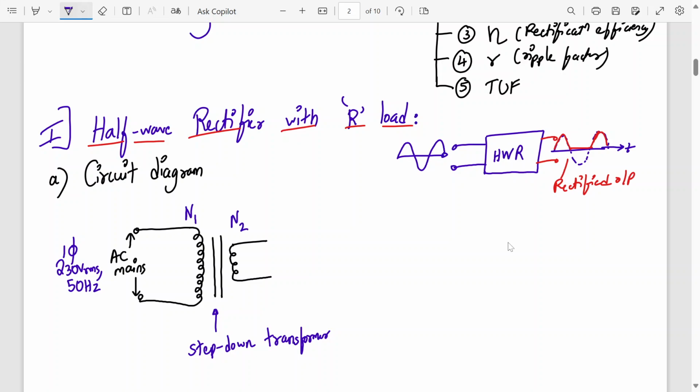Let's say, for example, N1 to N2 is in the ratio 10 to 1. So the primary voltage is 230, and the secondary voltage will be divided by 10, that is 23 volts. So here 23 volts will be available. This signal we call VI. So VI will be a low version of AC, I mean a low amplitude AC signal.